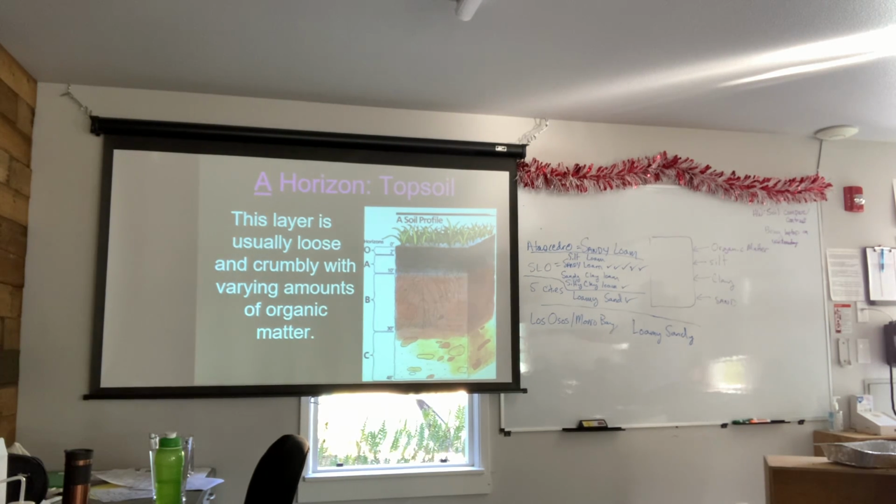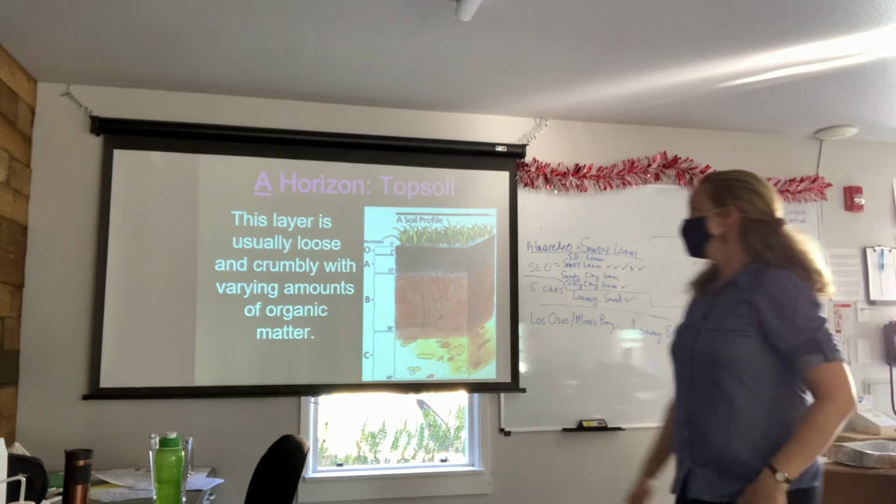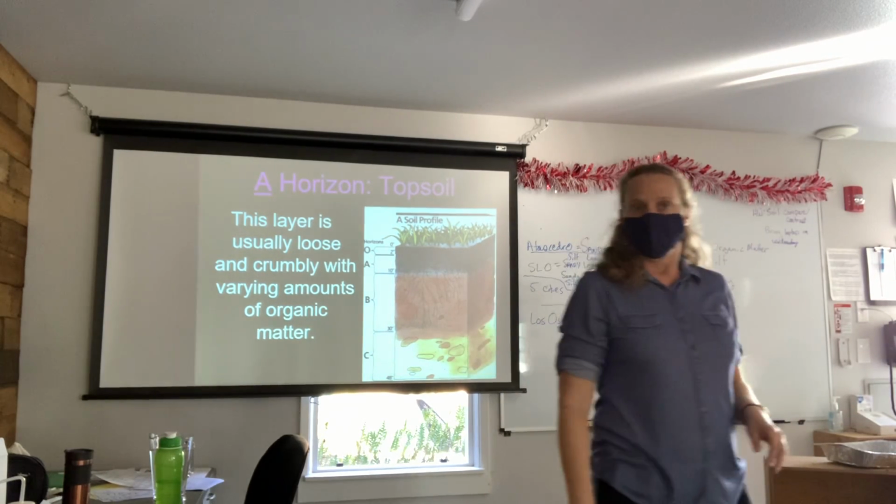The canopy and all the plant layer above it has all the nutrients. When anything falls to the forest floor, it's immediately sucked back up by plants and is in the plants. So it's actually fairly poor soil, believe it or not, because all of the nutrients have been pulled out. Yep.